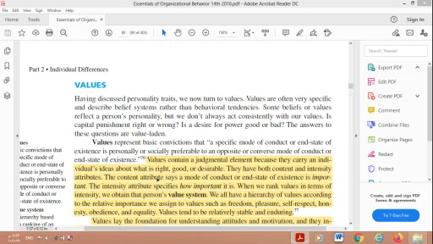The content attribute says a mode of conduct or end state. What do you mean by end state? It means the final shape of the behavior.